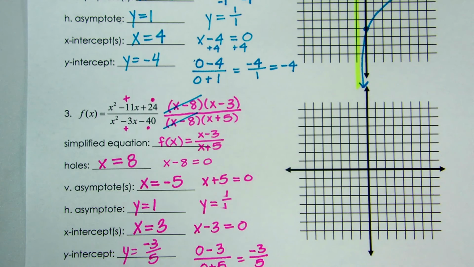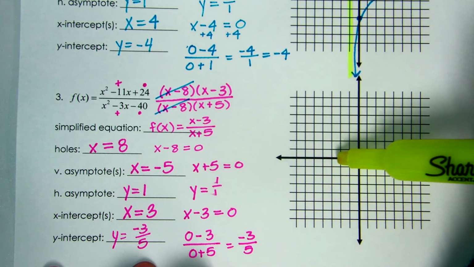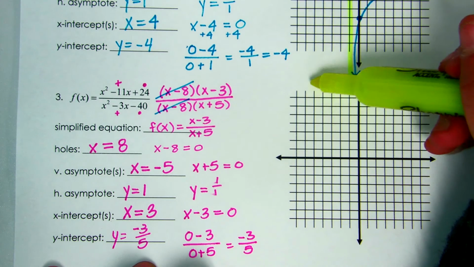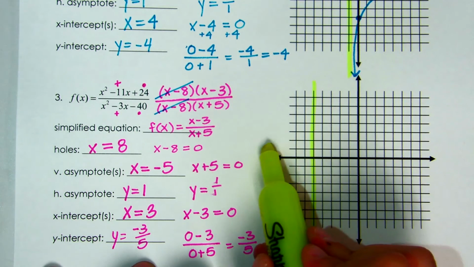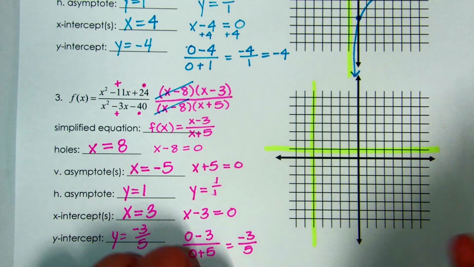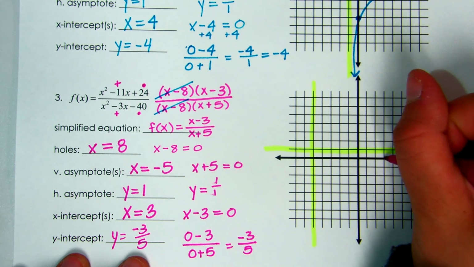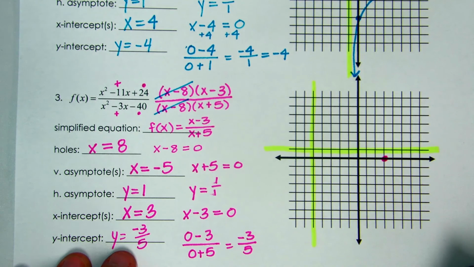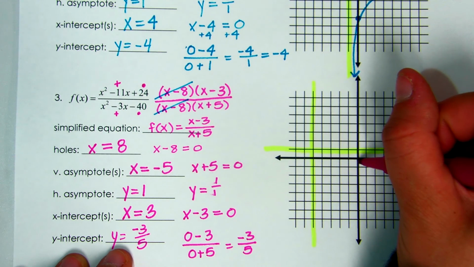To graph, do my vertical asymptote at negative 5. 1, 2, 3, 4, 5. Horizontal at 1. I have an x-intercept at positive 3, a y-intercept at negative 3/5, so not quite negative 1.